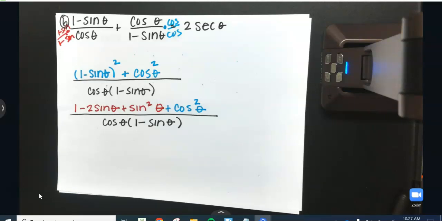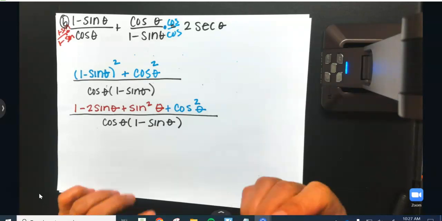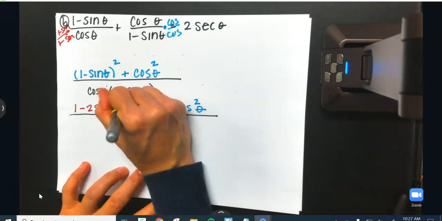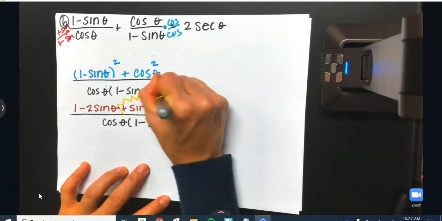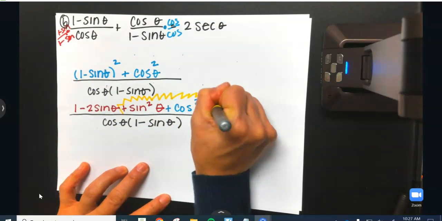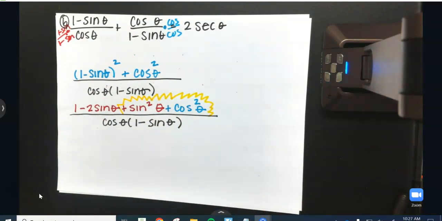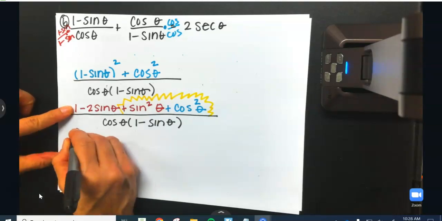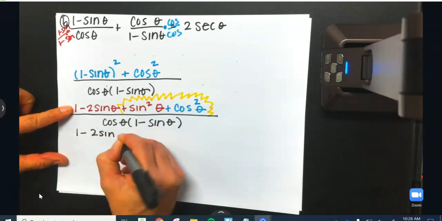Nothing cancels out from the top and the bottom, but a big flashing 1 in neon should be going off in your head right now, because sine squared plus cosine squared equals 1. It's even written in the same order as we're used to seeing it. Let's replace it with a 1. So this is going to be 1 minus 2 sine theta.